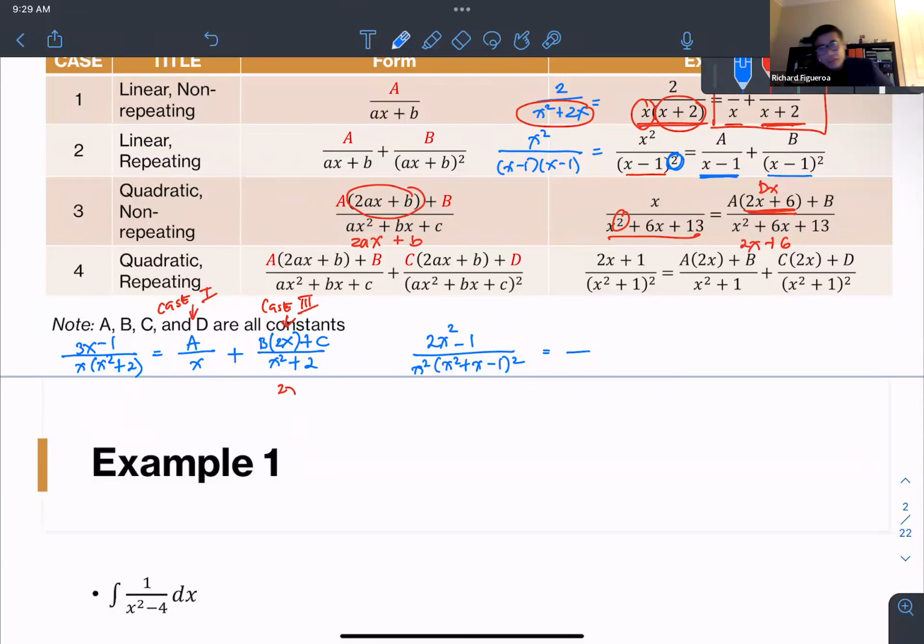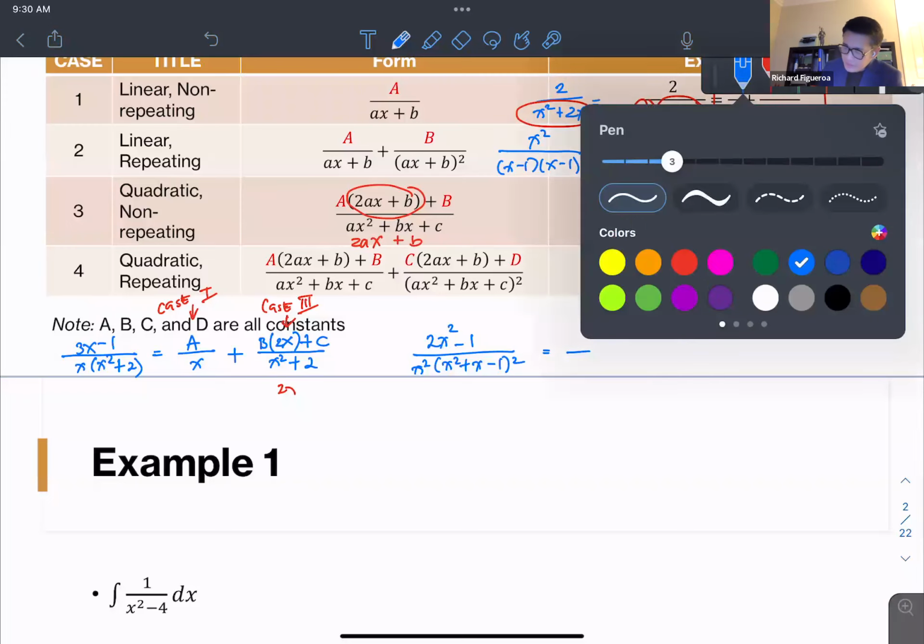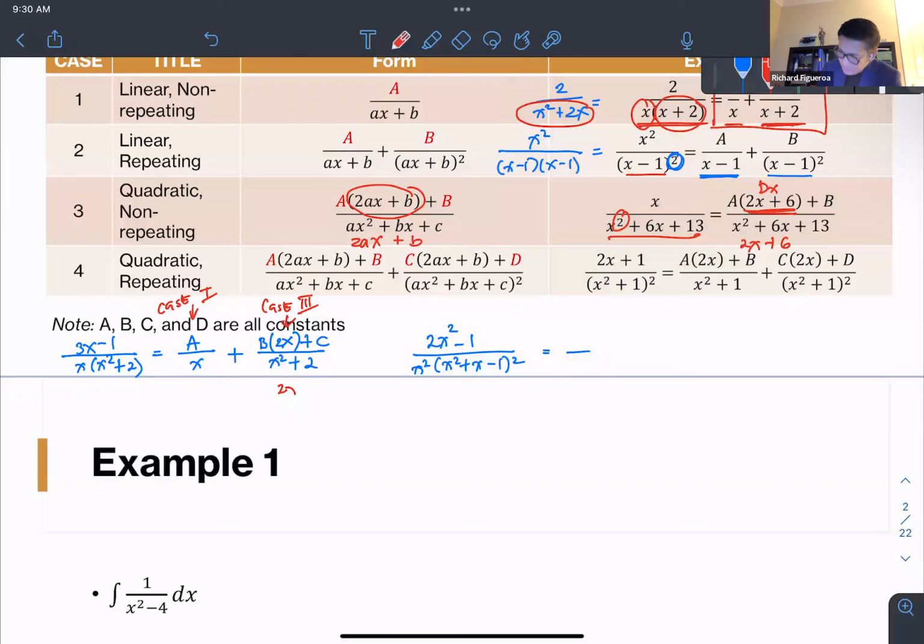So x squared is actually a product of x and x, right? It's the same as x times x. Similarly, this is the same as x squared plus x minus 1 times x squared plus x minus 1. So therefore, this is linear repeating.